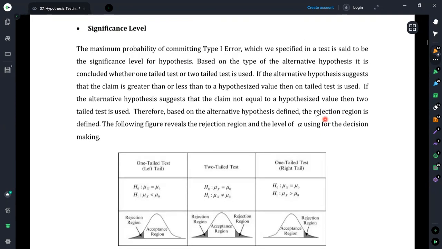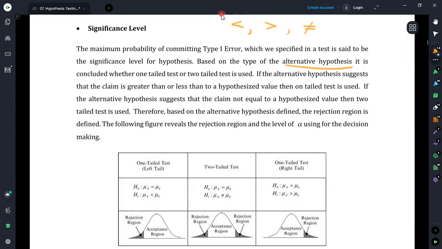But according to the significance level and the type of the alternative hypothesis we are having, we are categorizing them as one-tailed test and two-tailed test. If we are having the alternative hypothesis, I told that we are using these signs in the alternative, whether it is the less than sign, the greater than sign, or the not equal sign.